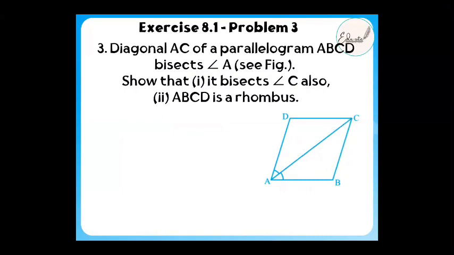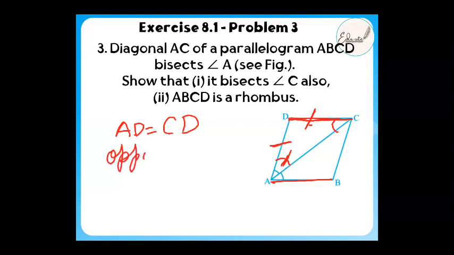So if this angle is equal to this angle, and if this angle is equal to this angle, then all these four angles are equal, correct? If all these four angles are equal, we have opposite sides equal. AD is equal to CD, right? Because if these angles are equal, the opposite sides of the equal angles are equal, correct?